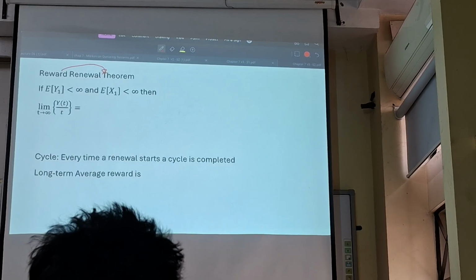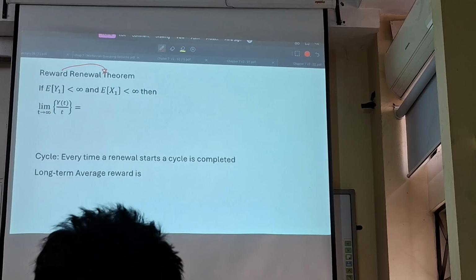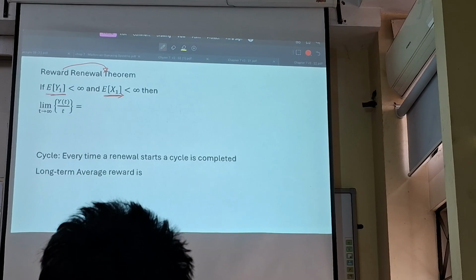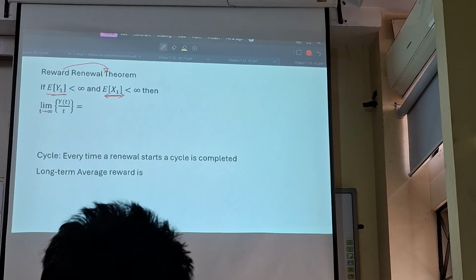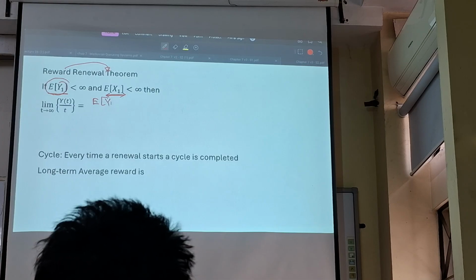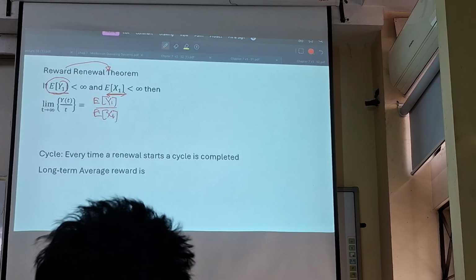The renewal rate was defined in such a way that if in the first renewal cycle, renewal time, you get the reward Y1, then we define it as the expected value of Y1 divided by the expected value of X1.